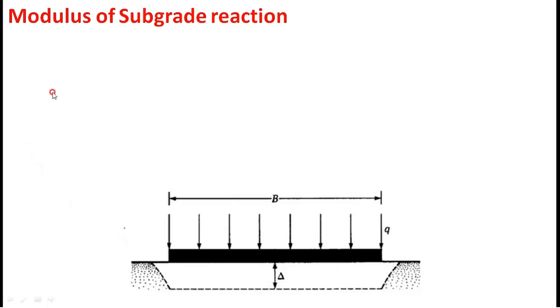Understood? In the next video we will discuss what we mean by modulus of subgrade reaction, how it is calculated, how it will affect, and after calculating the subgrade modulus, how we need to design by Winkler's method. Till now we didn't discuss anything about Winkler's method. Okay? Just go back.